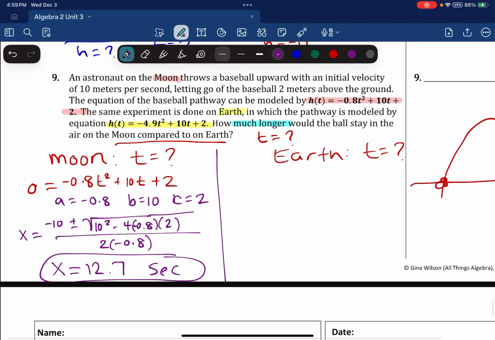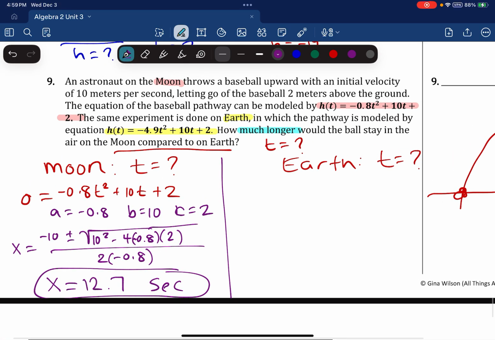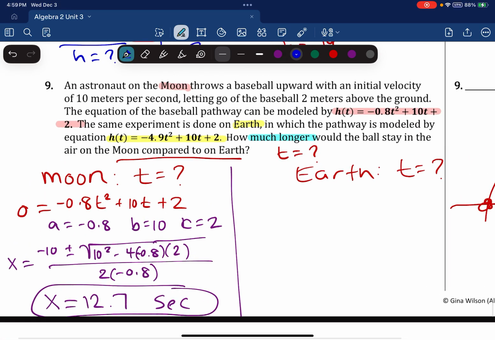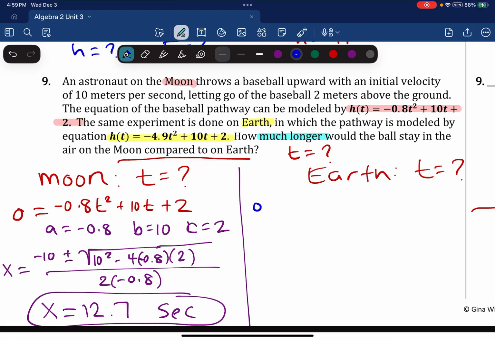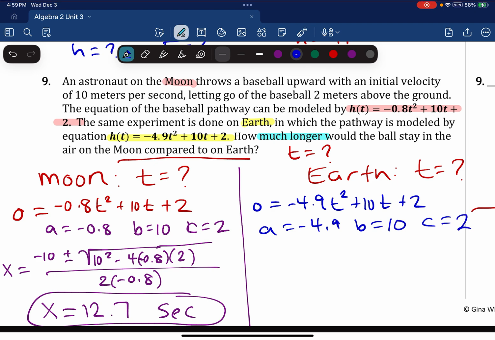Now we're going to calculate it on Earth. We're going to do the same thing. We have a different equation. We're going to make 0 equal to negative 4.9t squared plus 10t plus 2. We're now going to solve. Our a is the only value that's different because in our experiment we had the same height and the same velocity.